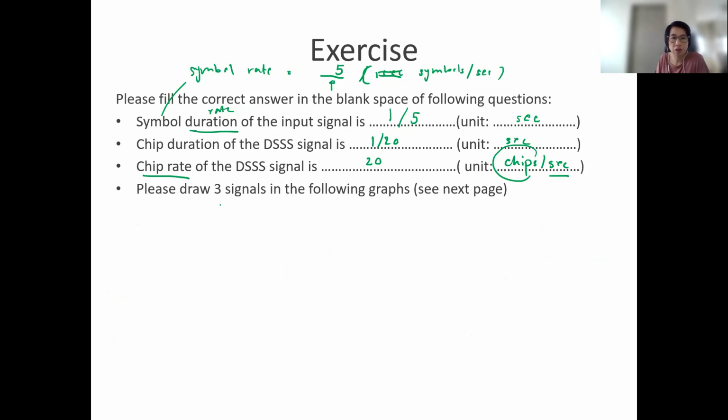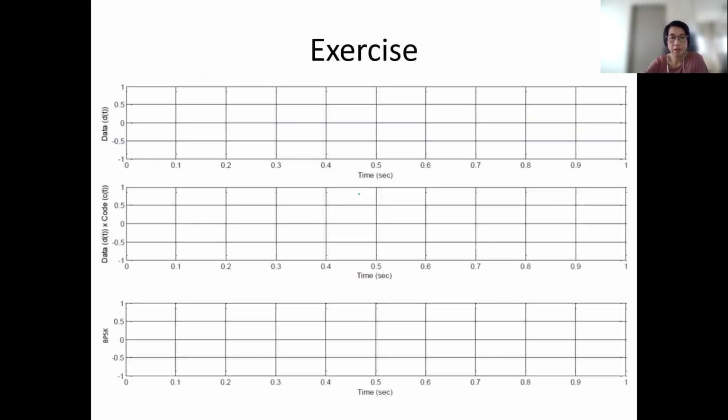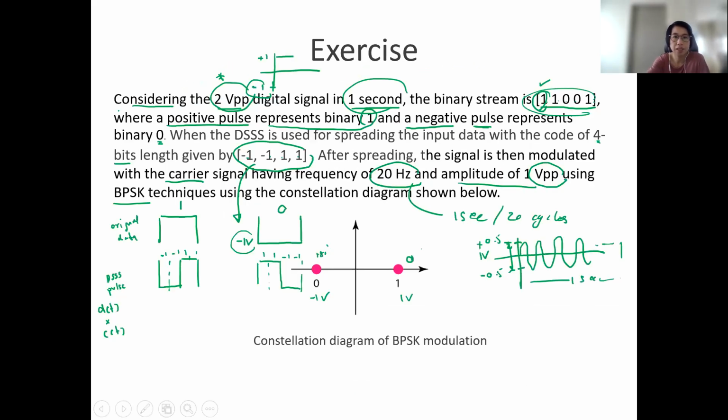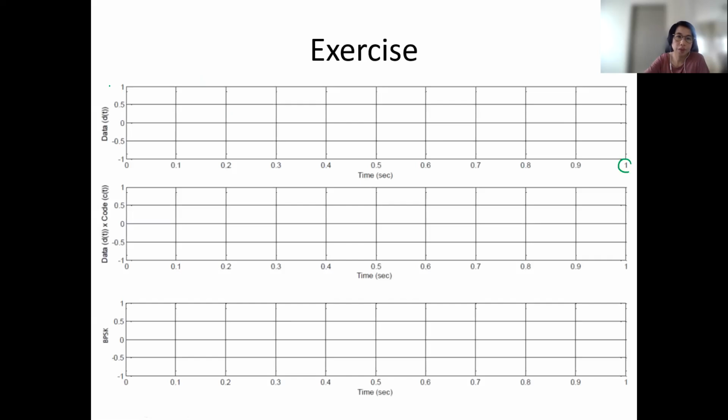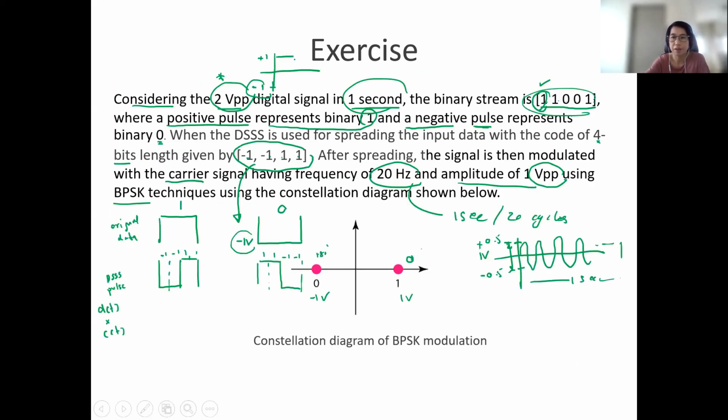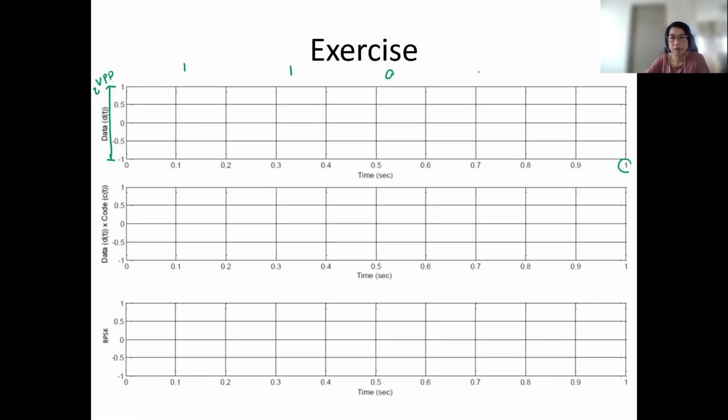And then it asks you to draw the signal in the following graphs, captured in 1 second. The data will be 2 volt peak to peak, 11001, right? So from here to here is 2 volt peak to peak. So this is the data, 11001.